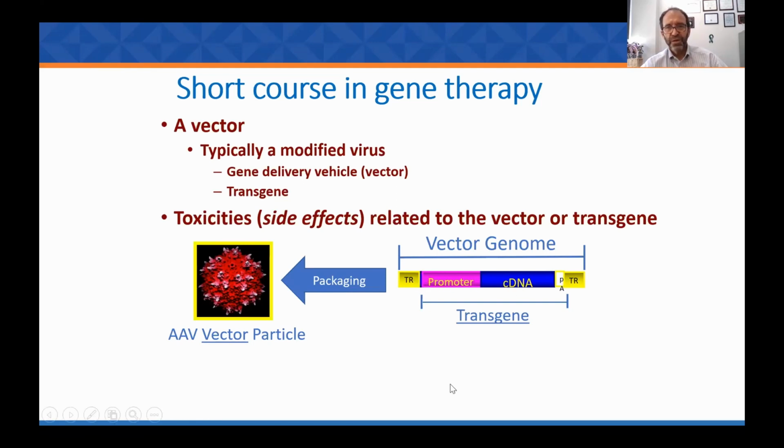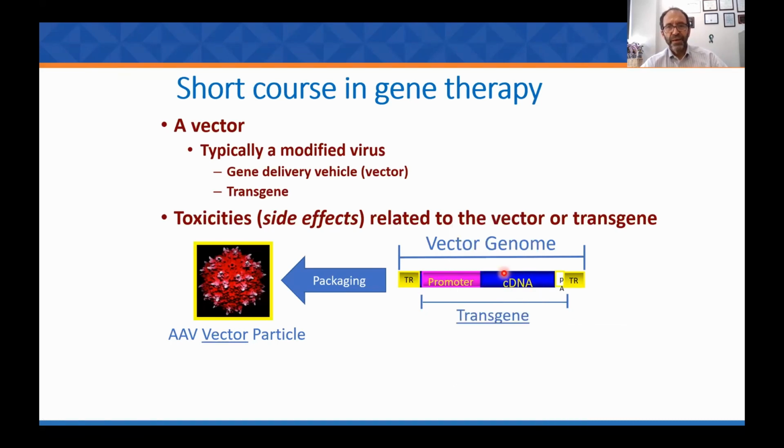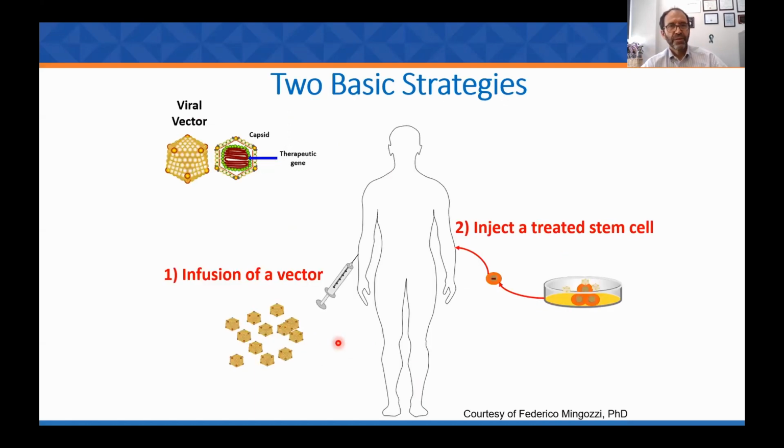This little cartoon in the lower right shows that a transgene has these parts: promoter, cDNA, which codes for the protein, and polyadenylation. And it's packaged in this AAV vector genome, with just a little of the viral sequence at each end. And then at the end, it's an AAV particle, a viral particle, and that's why it can be taken up into the tissues, taking advantage of the AAV life cycle.